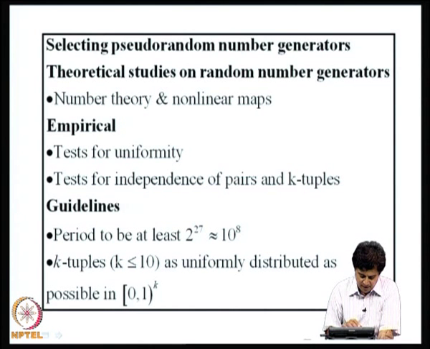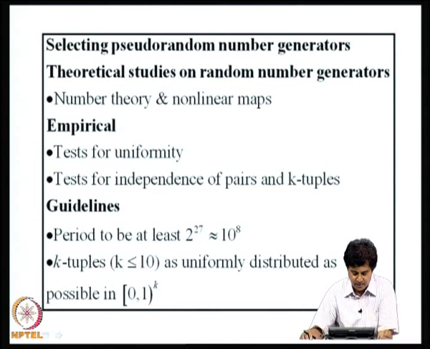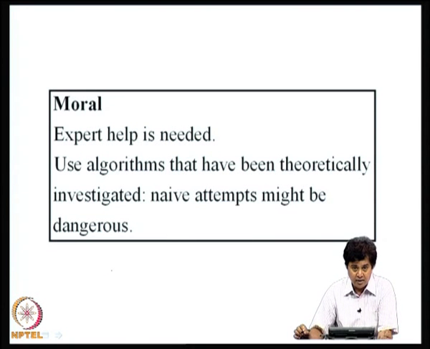There are some guidelines: period to be at least 2 to the power of 27, that is about 10 to the power of 8, and k tuples up to the order of 10, as uniformly distributed as possible in k dimensional spaces. You can do some of these tests using hypothesis testing methods and see whether you can accept these numbers according to the given level of significance.